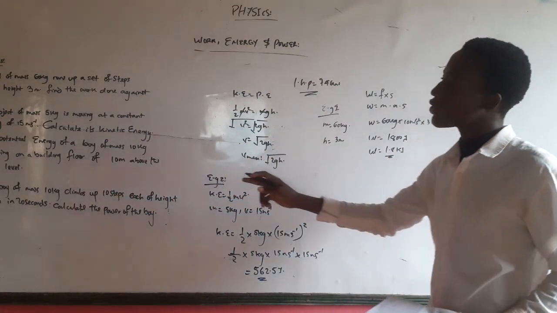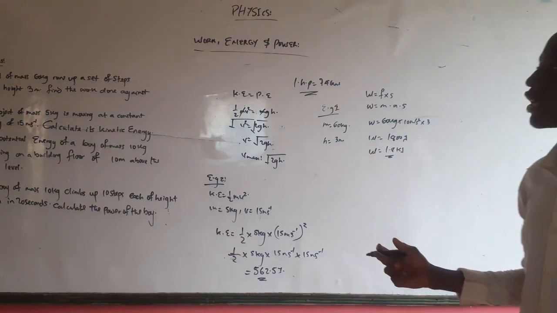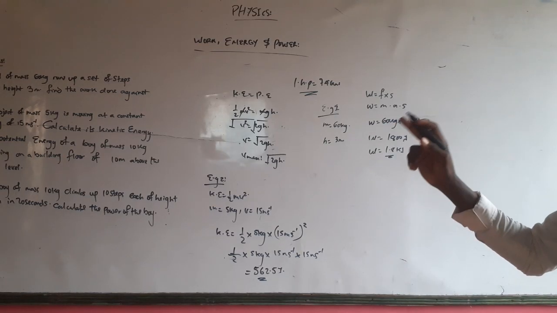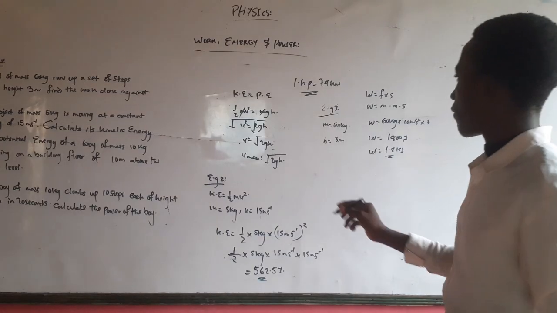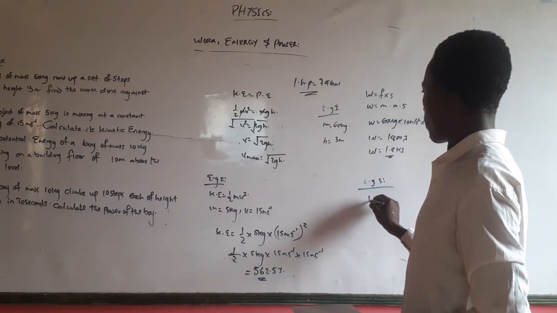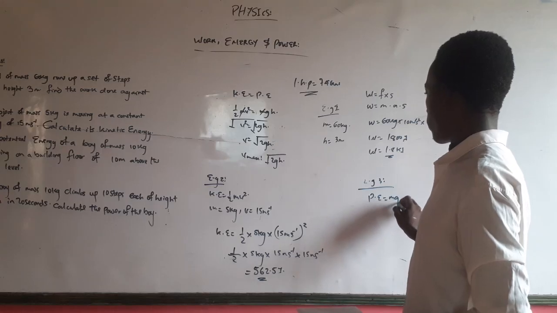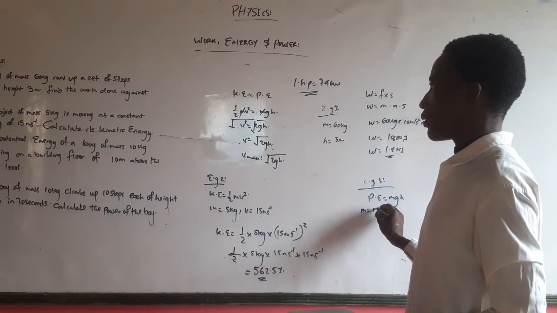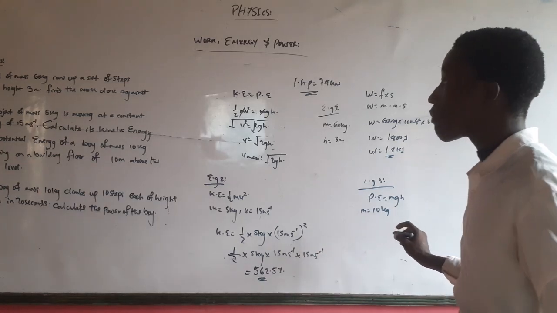It said the potential energy of a body of mass 10 kg standing on a building floor 10 meters above the ground. So what I also want to find here is the potential energy. What is the formula for potential energy? PE equals mgh. They've given us the mass.